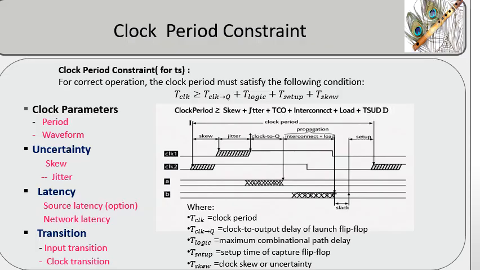Latency, both source and network, reflects delays in clock distribution across the chip. Transition times, whether at inputs or clock edges, influence setup and hold requirements. Propagation delays through logic and interconnect add to the total path timing budget. Static timing analysis combines these parameters to verify slack and guarantee reliable synchronous operation.